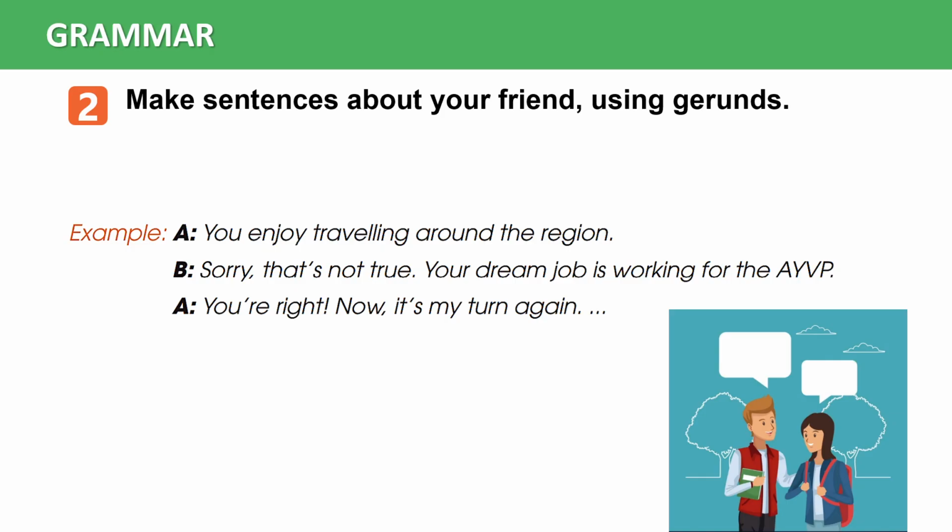In task 2, you will make sentences about one of your friends using gerunds. For example, you enjoy traveling around the region. Your dream job is working for the AYVP.